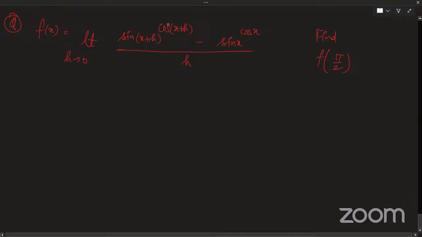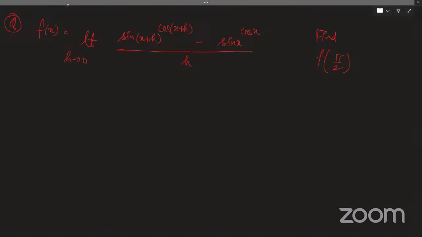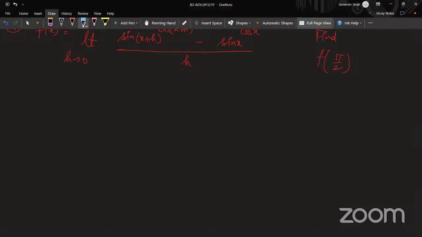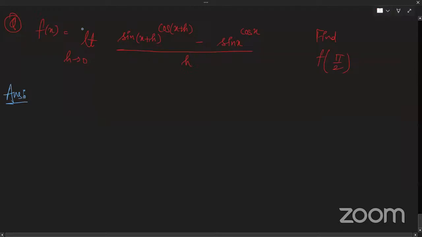Let us see how we can do it. It looks really complex, but it is not actually. Fine. So you have been given a function f of x, whose value is limit h tending to 0, sin x plus h raised to cos x plus h minus sin x raised to cos x whole divided by h. And it is asking you what is the value of f of pi by 2.